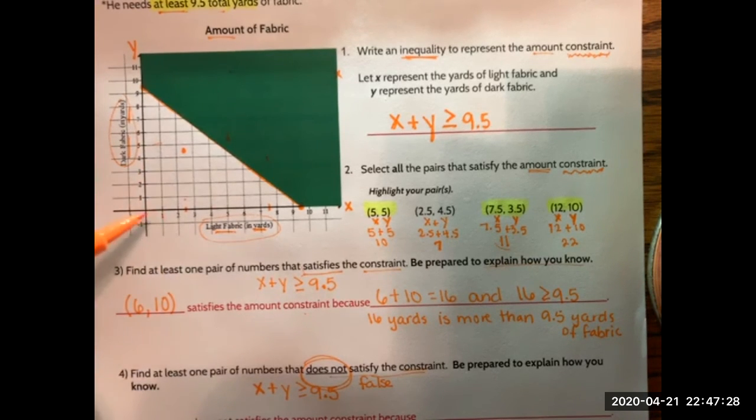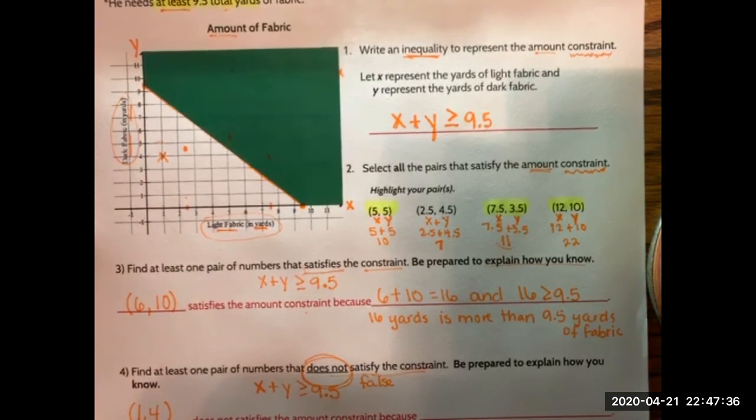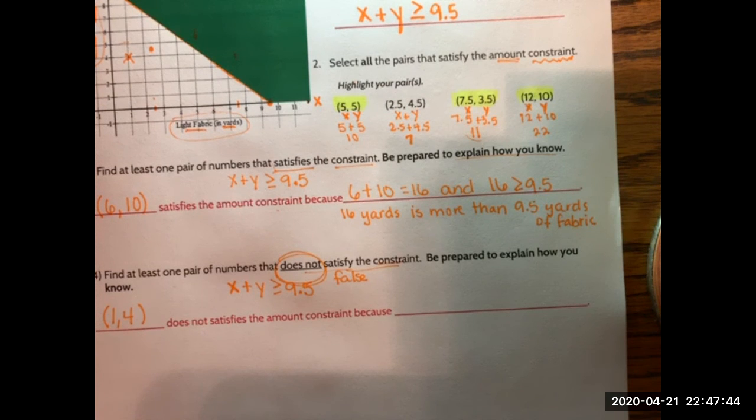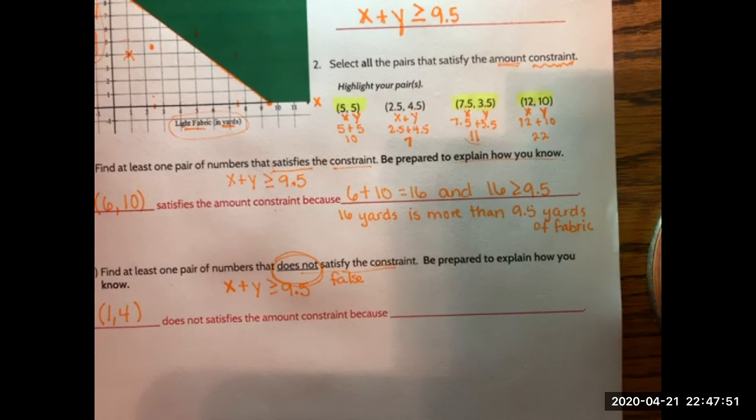So let's pick a point. We can pick a point like maybe 1, 4. That'll work, I think. Let's see. Again, you could say because it's not in the shaded portion or it's not on the line. We could do that. It's not completely wrong, but I would prefer it if we had some sort of a mathematical reason why.